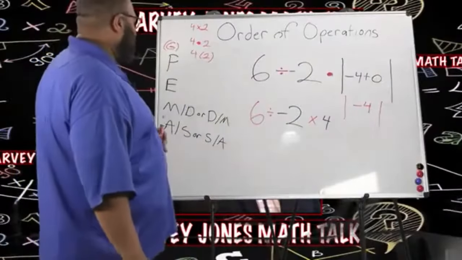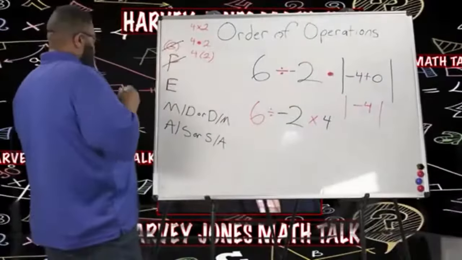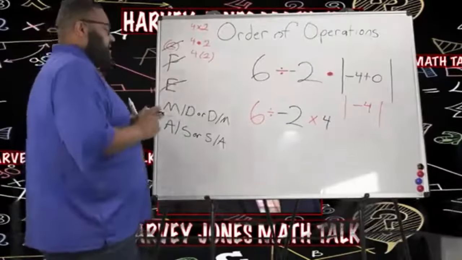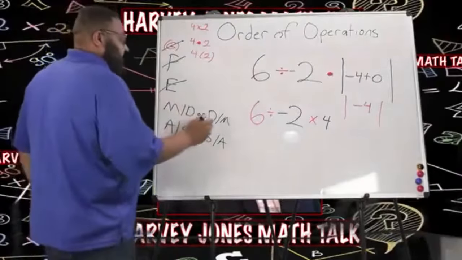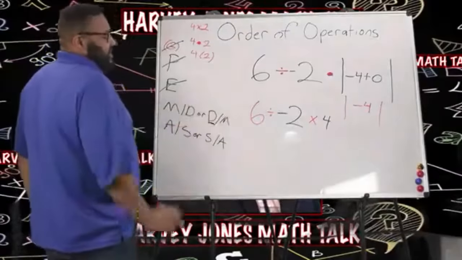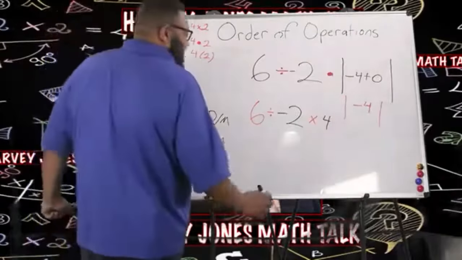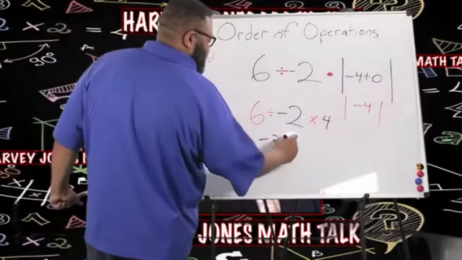Now, let's see here. I'm out of parentheses and grouping symbols. Check, check. Are there any exponents in this one? Thank goodness. Is there multiplication or division? Guess what's first this time? Our division. So we're going from left to right. 6 divided by negative 2, that should be a negative 3 if I did that correctly.